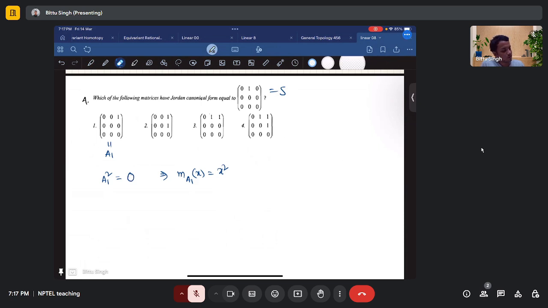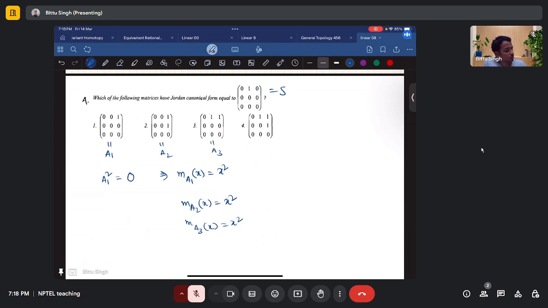By the same reason, for A2 the minimal polynomial is x squared, and similarly for A3 it is x squared. Those are the minimal polynomials of A1, A2, A3. We just see that A2 square is 0, A3 square is 0, and those are non-zero.